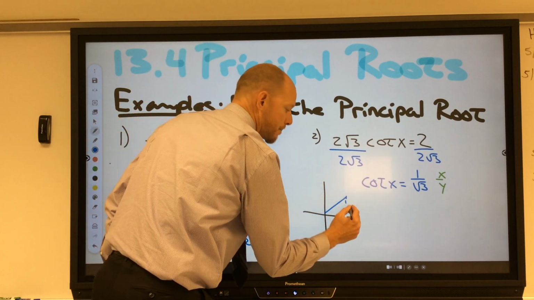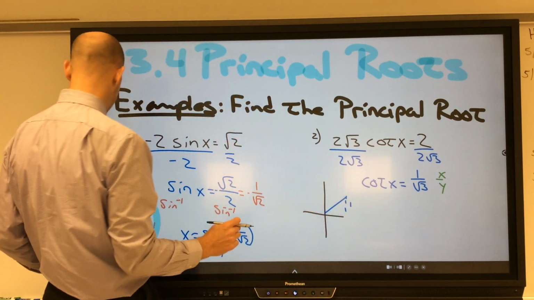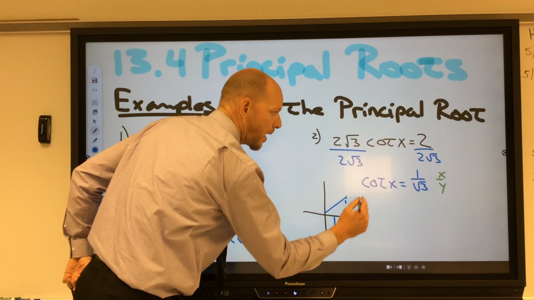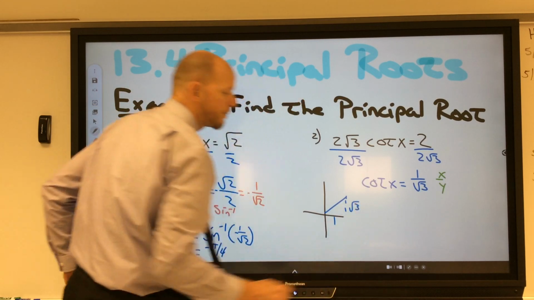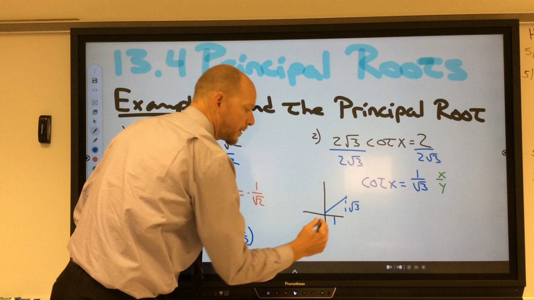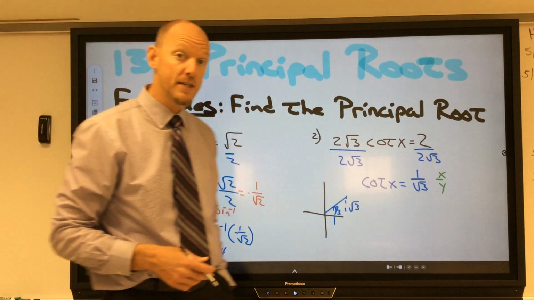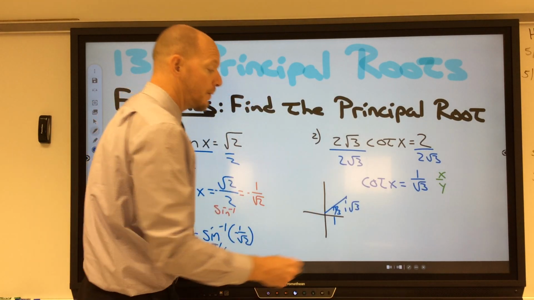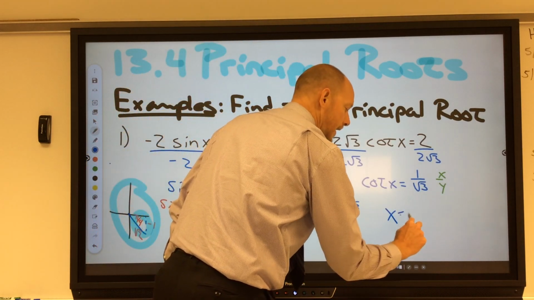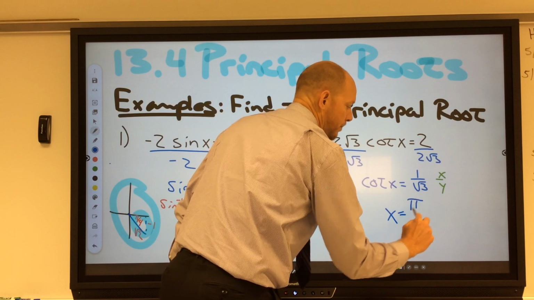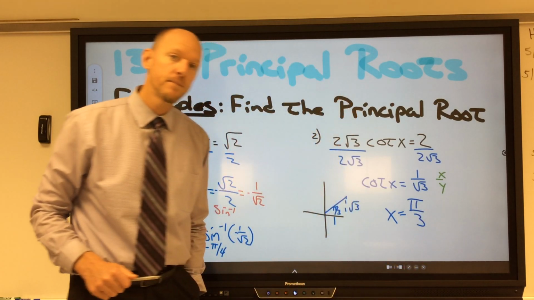So now I know my x component is 1, and my y component is square root of 3. Opposite the square root of 3 would be pi over 3, or a 60-degree special right triangle. So therefore, I would know my principal root in this case is x equals pi over 3.